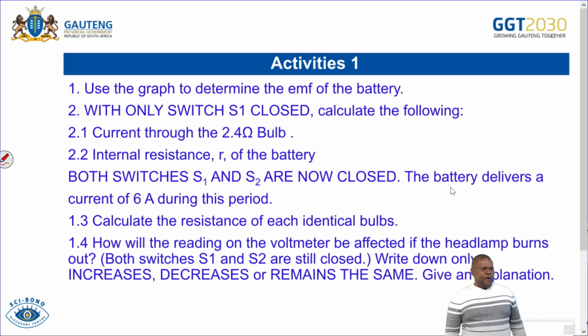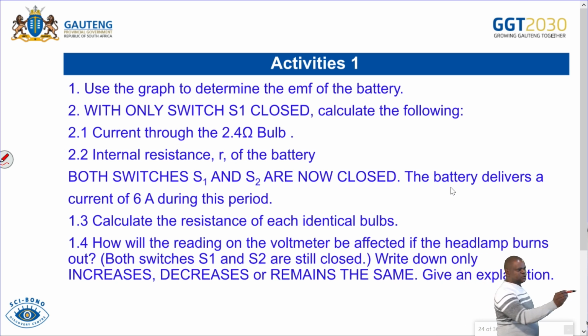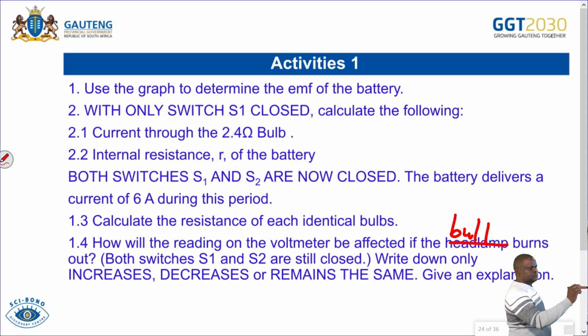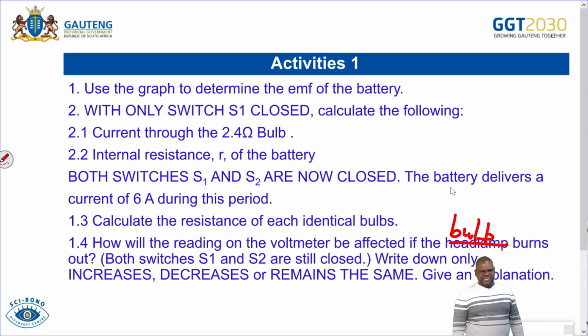Then question 4 says, how will the reading on the voltmeter be affected if the bulb burns out?